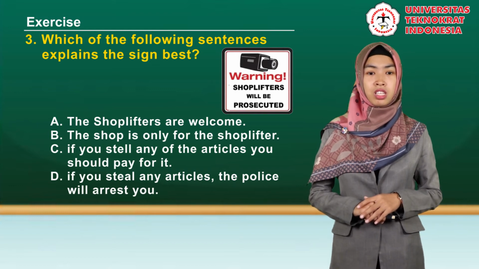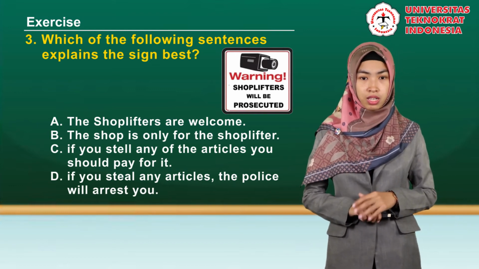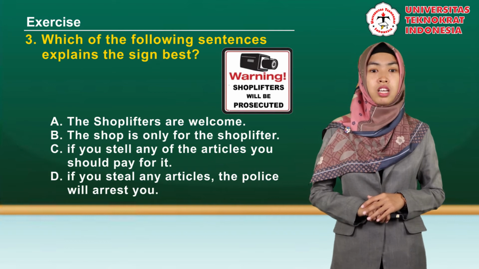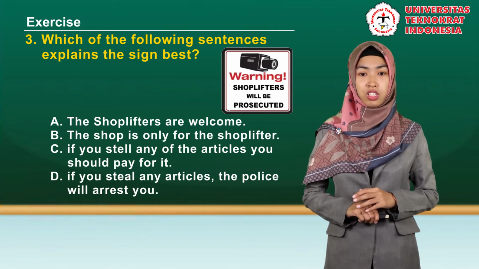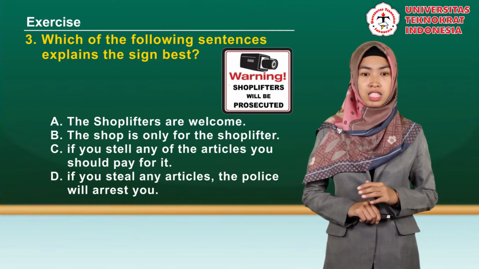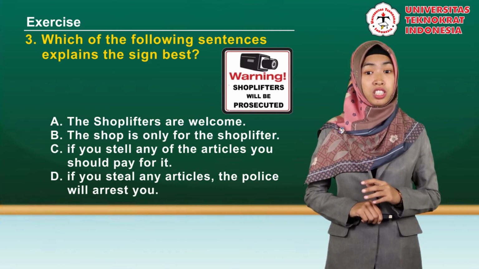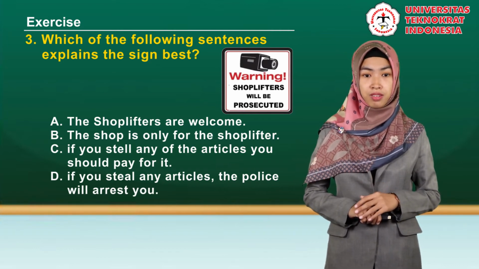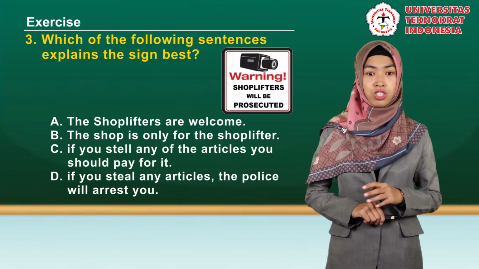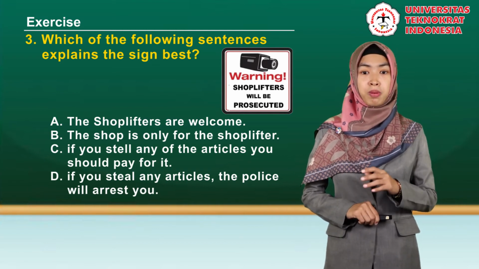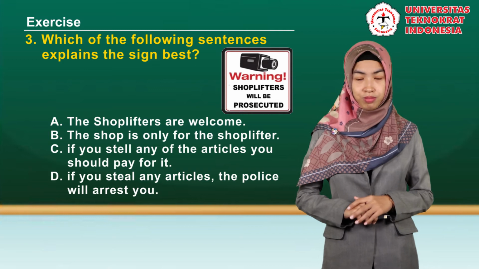A, the shoplifters are welcome. B, the shop is only for the shoplifters. C, if you steal any of the articles, you should pay for it. Or D, if you steal any articles, the police will arrest you.